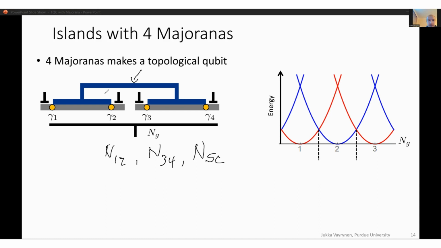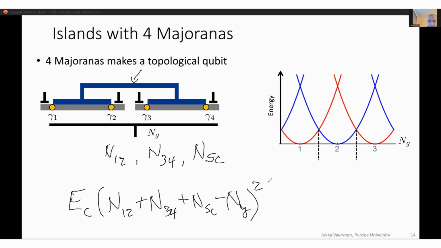And the charging energy that we would write in this case would be similar to what I had before. So it's the total charge, which now consists of these 3 components, and then we subtract the gate charge and then square it.